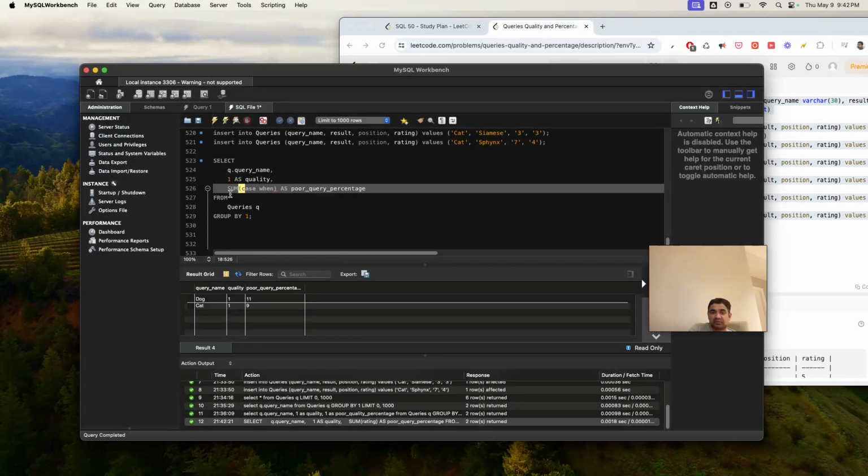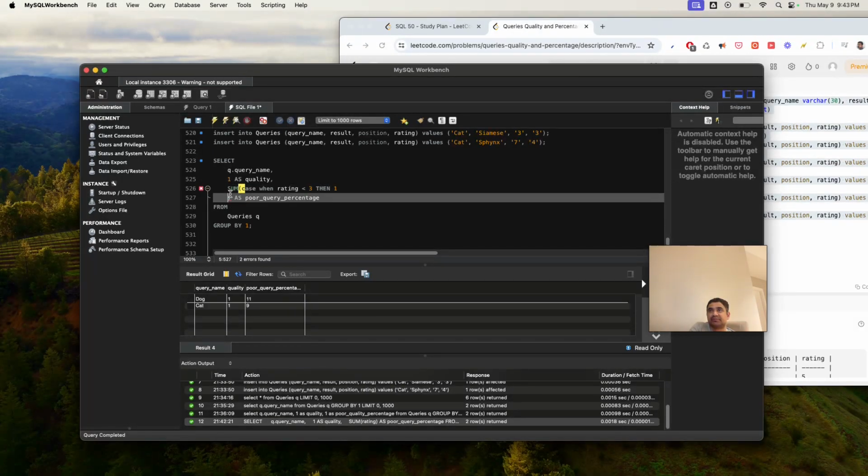I need a function or case or if else statement like that to find if my rating is less than 1, I will return 1, and if it is not less than 1, what's going to happen? I return 0.